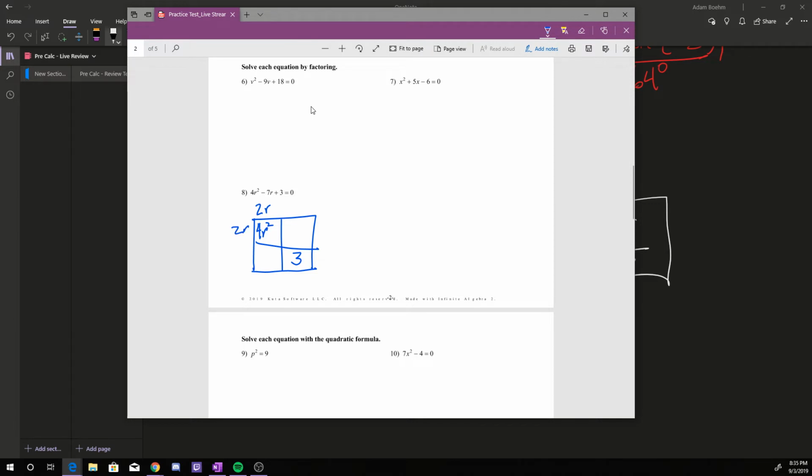And that doesn't work though. So if I were to keep going, I'd put -3 here, -1 here. That's -2r and -6r. But -2r plus -6r does not equal -7r, so that doesn't work. So ignore that.